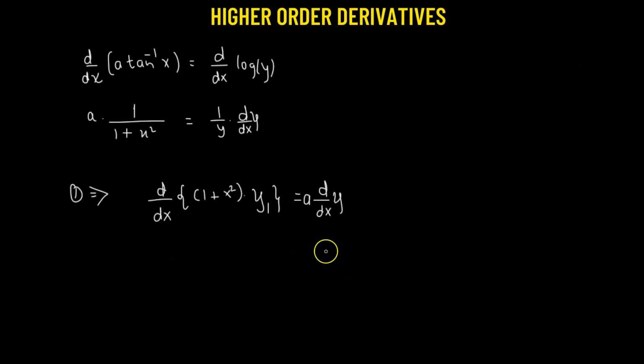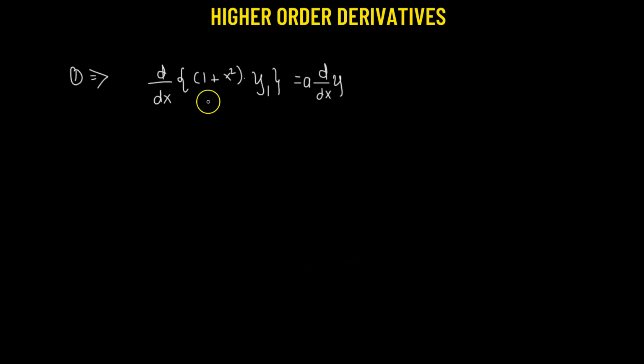Fine. Now we will use the product rule to find the derivative. So we'll first consider 1 plus x squared and multiply it to the derivative with respect to x of y1, plus y1 times the derivative with respect to x of 1 plus x squared.